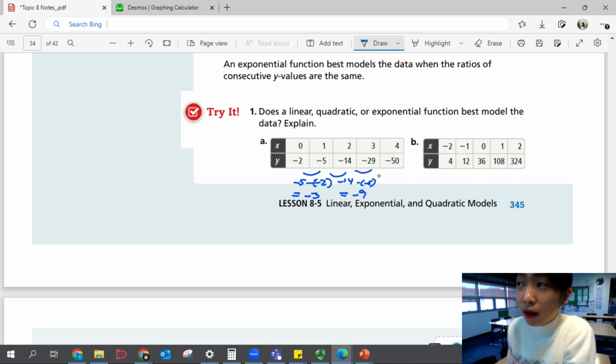Then -29 minus -14 is -29 plus 14, so that is -15.